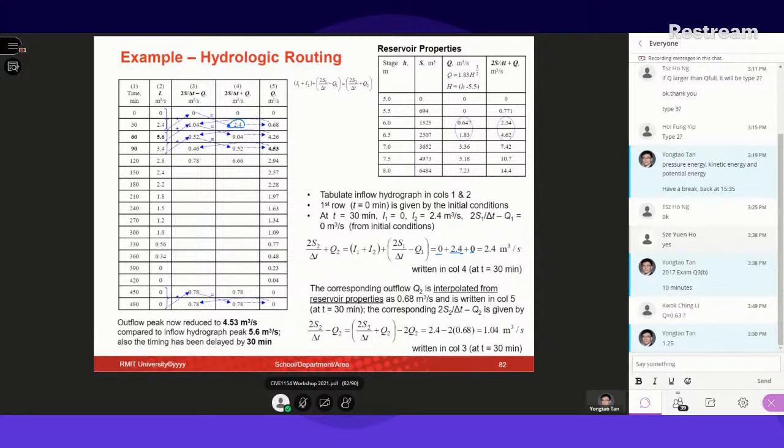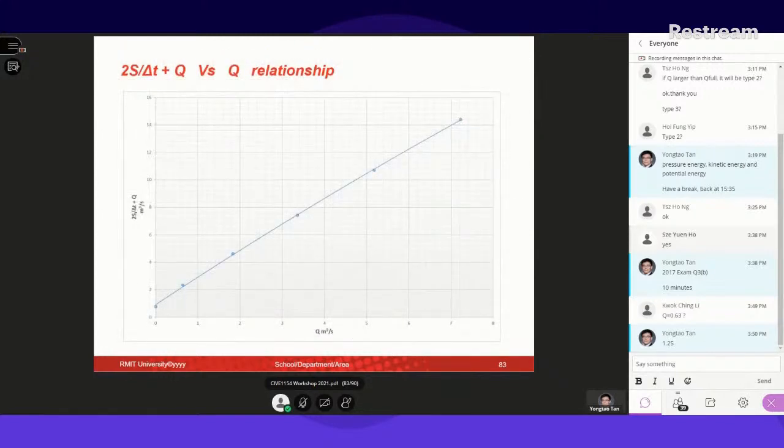How do we get Q? We get Q from the graph. Because 2S over delta t plus Q is 2.4, we can estimate Q here.